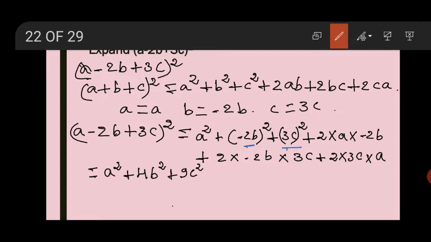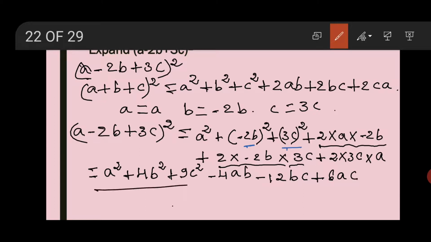Plus 2 into a into b, 2 2s are 4, so minus 4ab. Again here, 2 into minus 2b into 3c is equal to minus 2 2s are 4, 4 3s are 12, so minus 12bc. Plus 2 3s are 6ac. This is the expansion of (a - 2b + 3c) whole square.